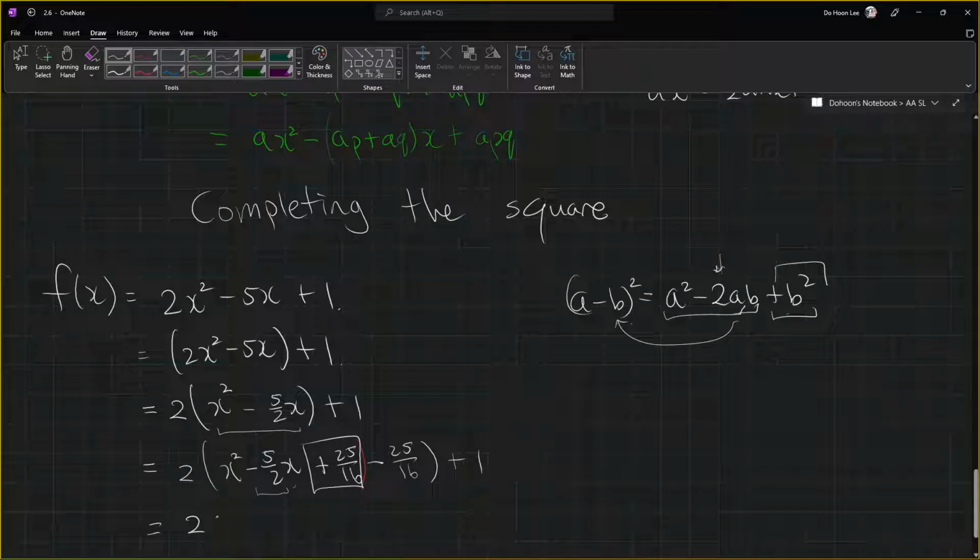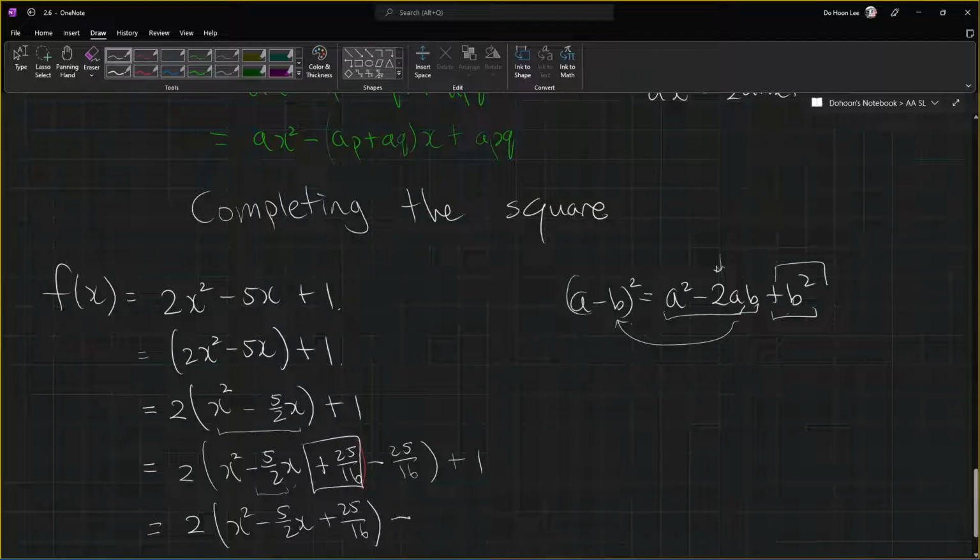Okay? So let's rewrite x squared minus 5 over 2 x plus 25 over 16. And then I want to put minus 25 over 16 outside the bracket. I want to compensate for the 2 that we have as a coefficient here. So let's multiply by 2, then we get minus 25 over 8 plus 1. Alright?